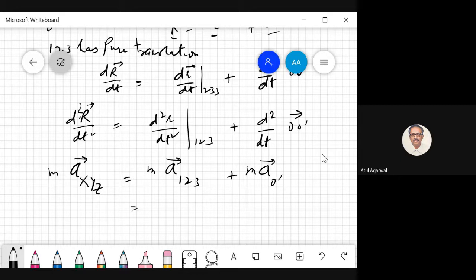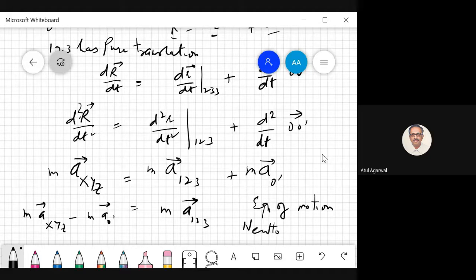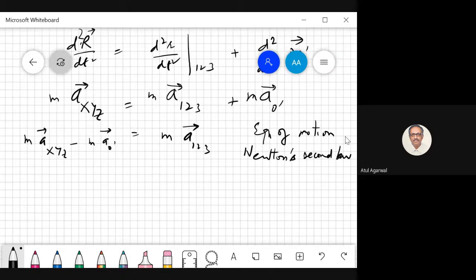So mass of the particle, can I write like this? So this is my equation of motion, or Newton's second law. So this is Newton's second law as applied to a non-inertial reference frame.